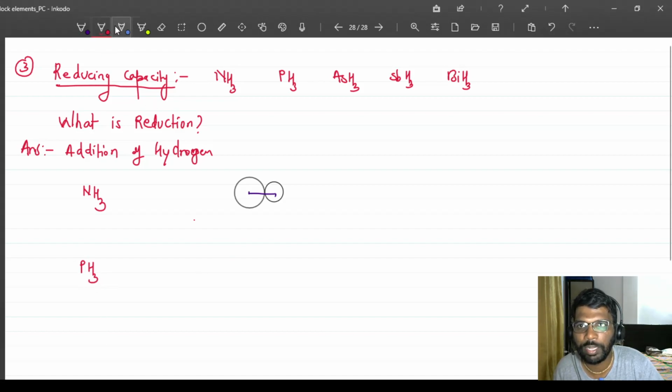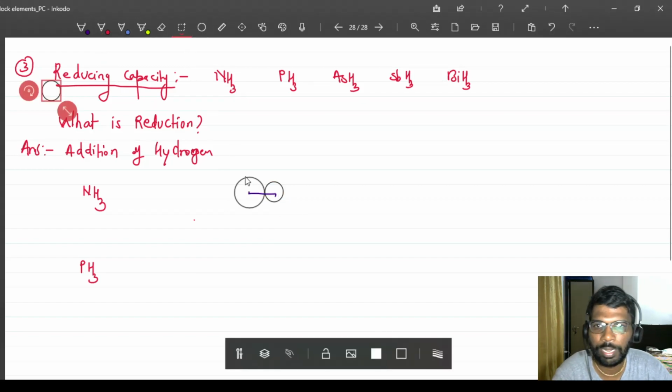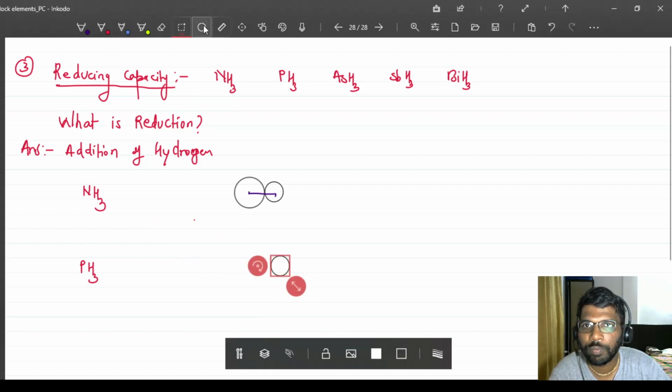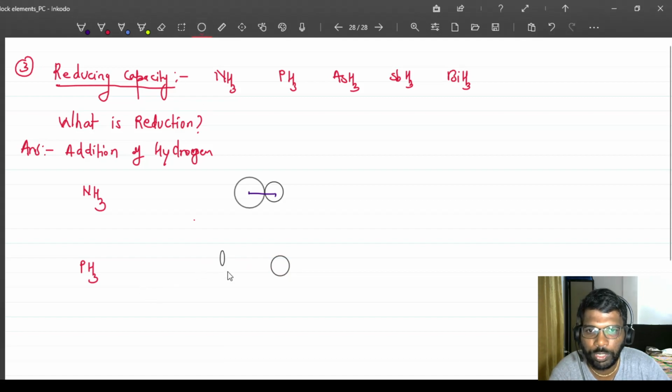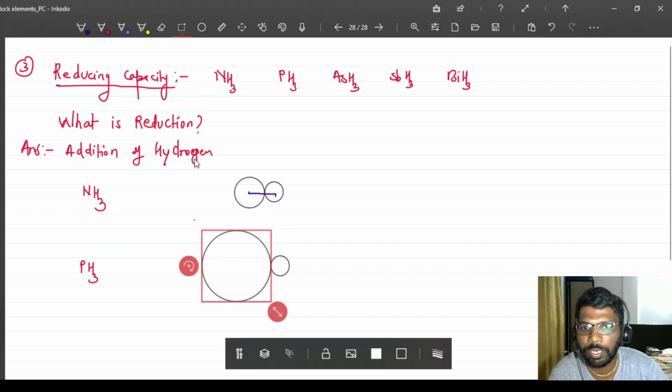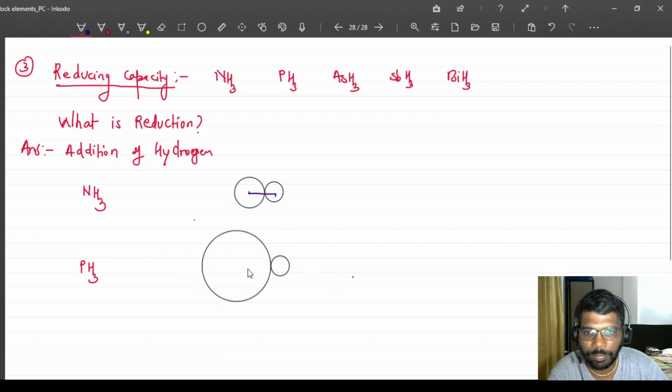The hydrogen is the same, the size of the hydrogen is the same, but for phosphorus it is going to change. It may be of this size. It won't be a drastic change, but we can say that this will be the size.